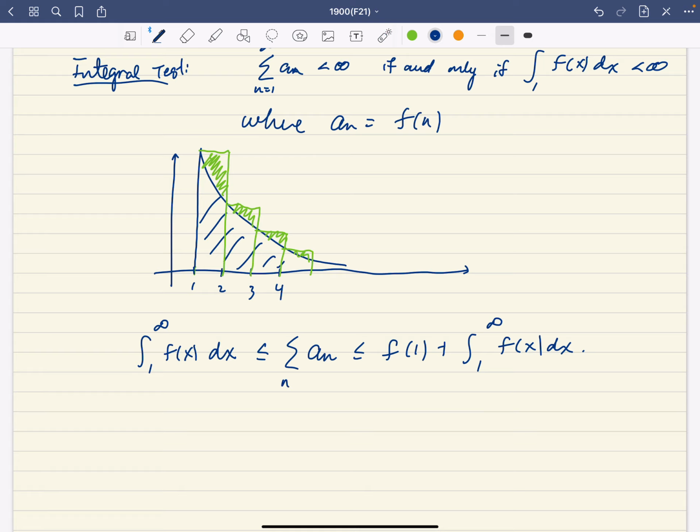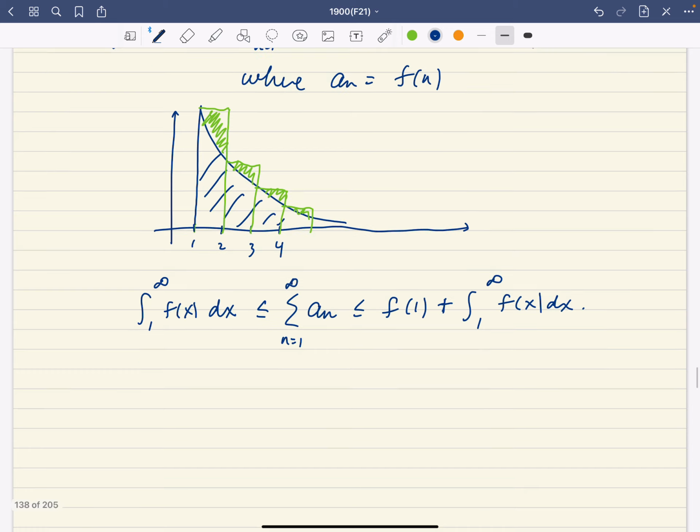This is actually a quantitative version of the integral test. If one of these is finite, so is the other, and if one is infinite, so is the other. That's really the only way to make sense of these inequalities for the integral test.